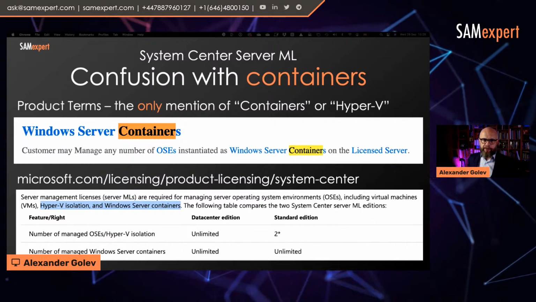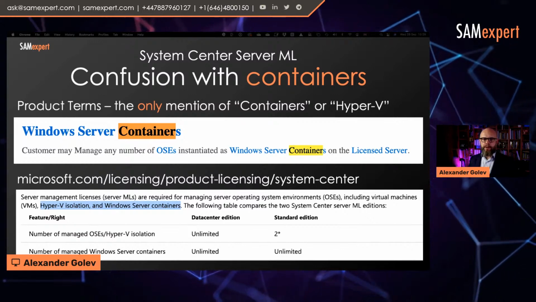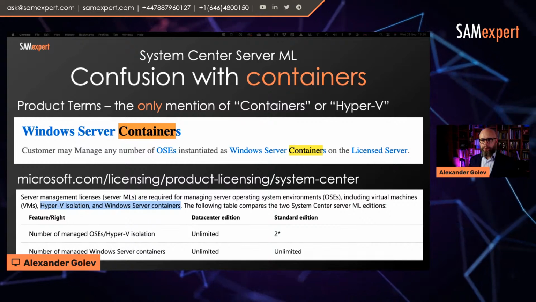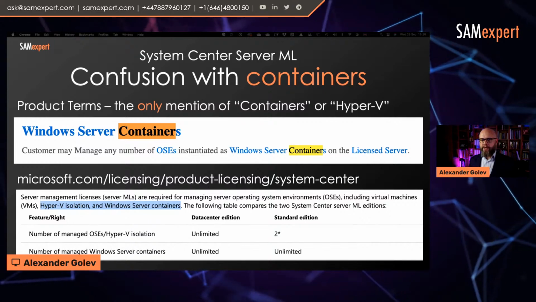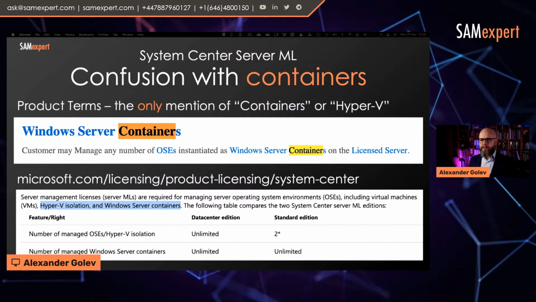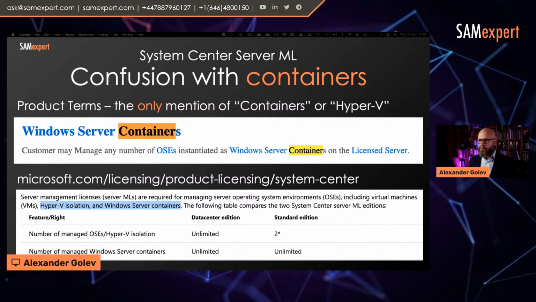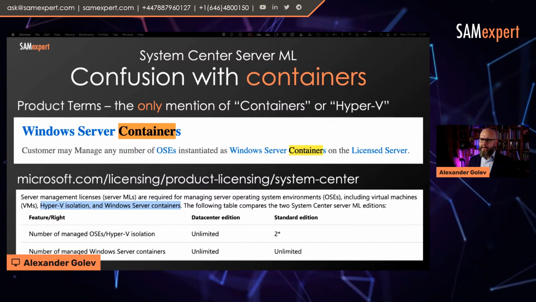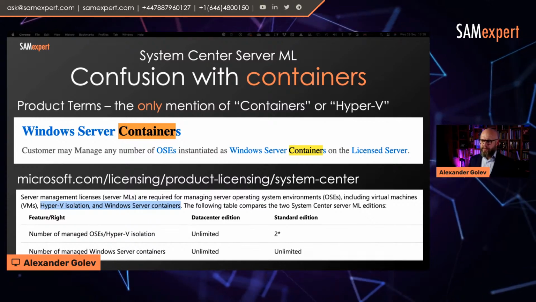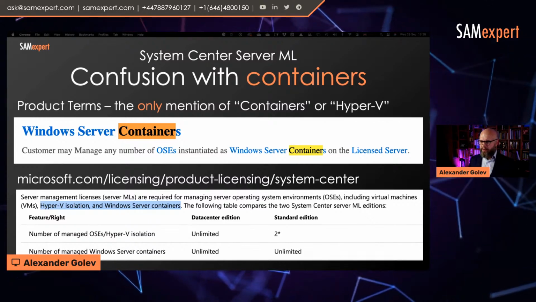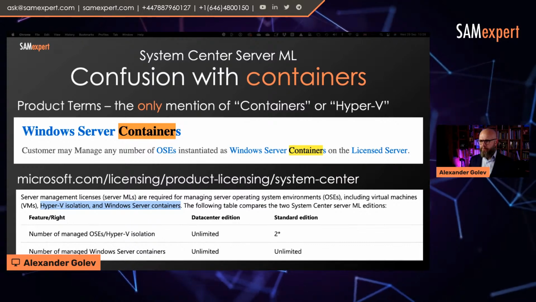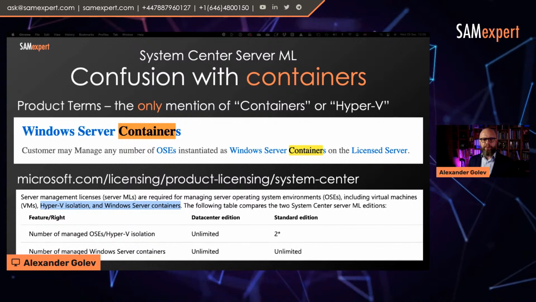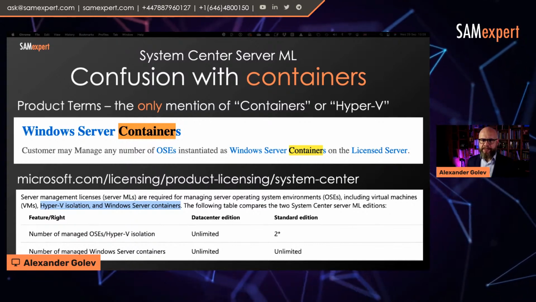This is the only mention of containers on the System Center page in product terms. And they say Windows Server containers, customer may manage any number of OSEs instantiated as Windows Server containers on the licensed server. And I thought, wait a second. So unlike Windows Server licenses, all the containers can just be managed as an unlimited number of OSEs, and we don't have to count them. Any containers, even including Hyper-V isolated containers.